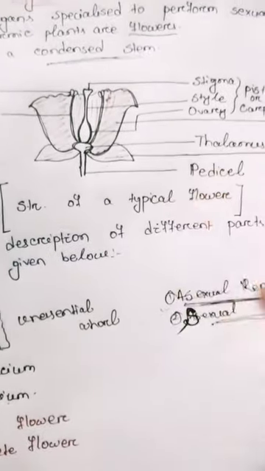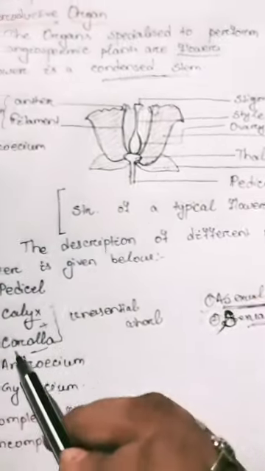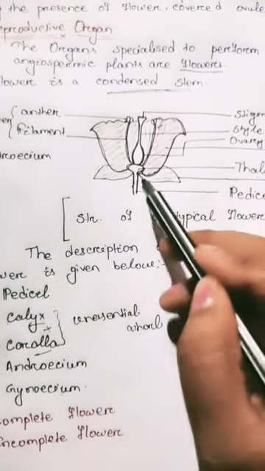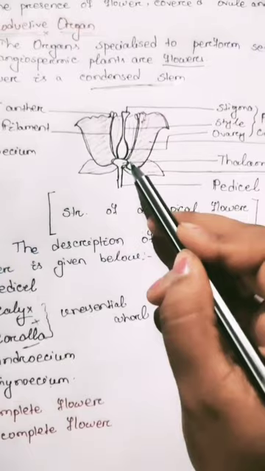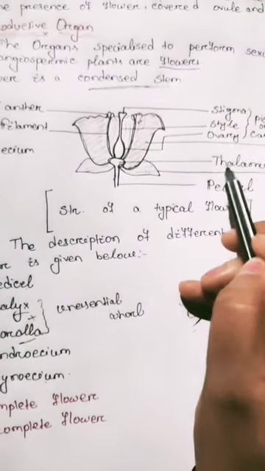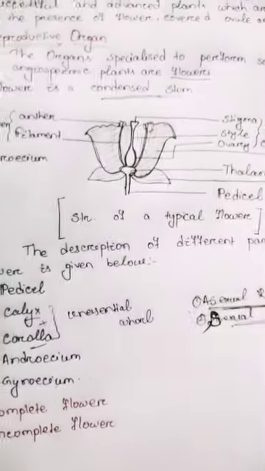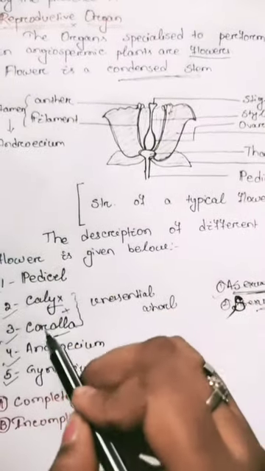Okay, so a typical angiospermic flower consists of calyx, corolla, androecium, gynoecium, and the pedicel is the stalk-like structure, and the upper part of the pedicel is known as thalamus, in which the floral whorls arise. So we will discuss one by one.